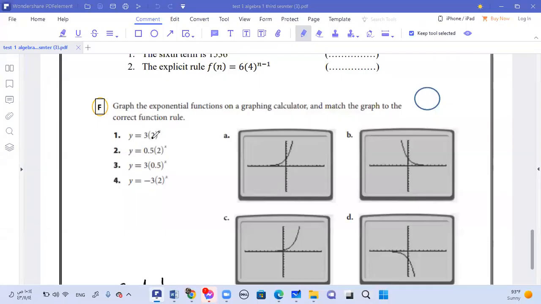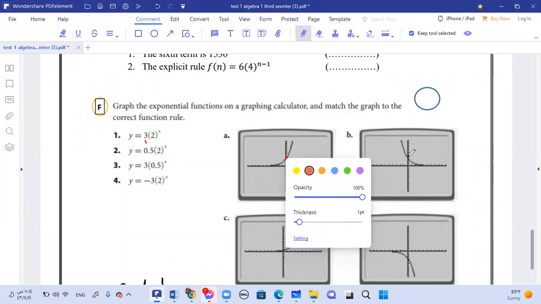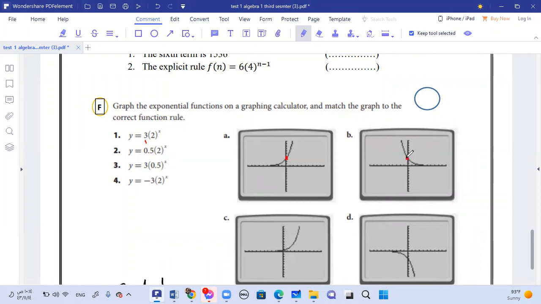The first important information is to determine what the y-intercept is. The first number represents 3. Which graph has y-intercept 3? A, this one, and B. This represents 3.